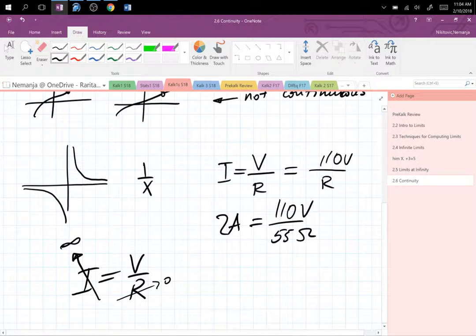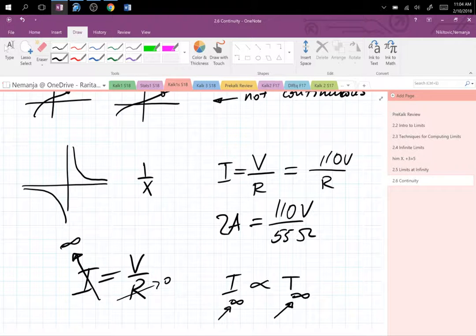And there is another formula in physics that says that the current is proportional to temperature. So as I goes to infinity, the temperature tries to go to infinity, and there's your explosion. Right? So now you see that continuity, vertical asymptotes, and all of these things are actually related to the stuff you want to build.